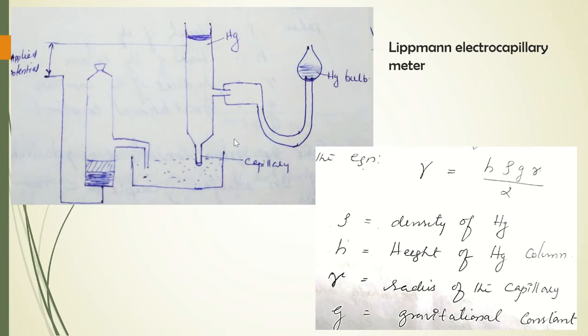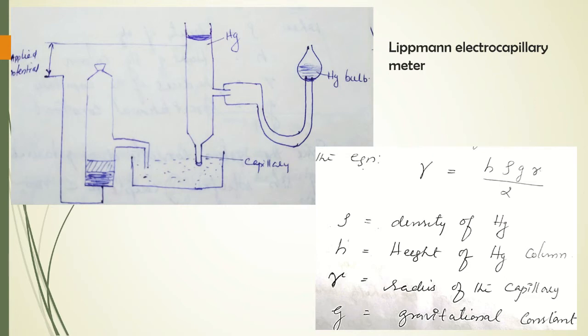The surface tension gamma calculated from the experiment is h rho g r, and these are the explanations of each term. Rho is the density of mercury, h is the height of the mercury column, r is the radius of the capillary, and g is the gravitational constant.